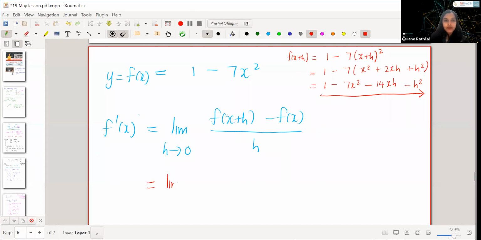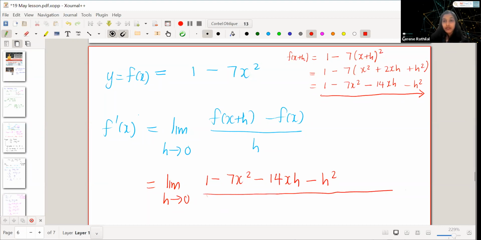It is the limit as h approaches 0 of f of x plus h, so that now must go in, which is 1 minus 7x squared minus 14xh minus h squared, divided by h. Okay, sorry. I know that h is going to go in there, but what have I put into the numerator? I've only put in f of x plus h. So now I need to subtract f of x, and f of x is 1 minus 7x squared. So that's what we've got.